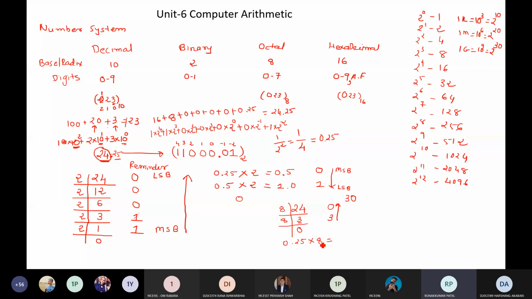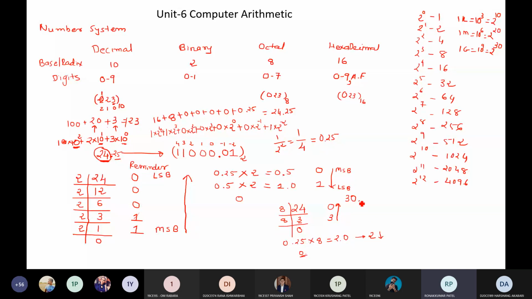So 0.25 multiplied by 8 will give you value 2.0. તો 2.0 આવે તો રિમાઇન્ડર મીન્સ અહીંયા શું લખાય? હોલ વેલ્યુ 2. અને અહીંયા શું remaining મળશે? 0. So here I need to stop. એટલે શું મળી વેલ્યુ? 2. લખાય કઈ રીતે? ટોપ ટુ બોટમ. પણ અહીંયા એક જ વેલ્યુ છે એટલે ચાલે.